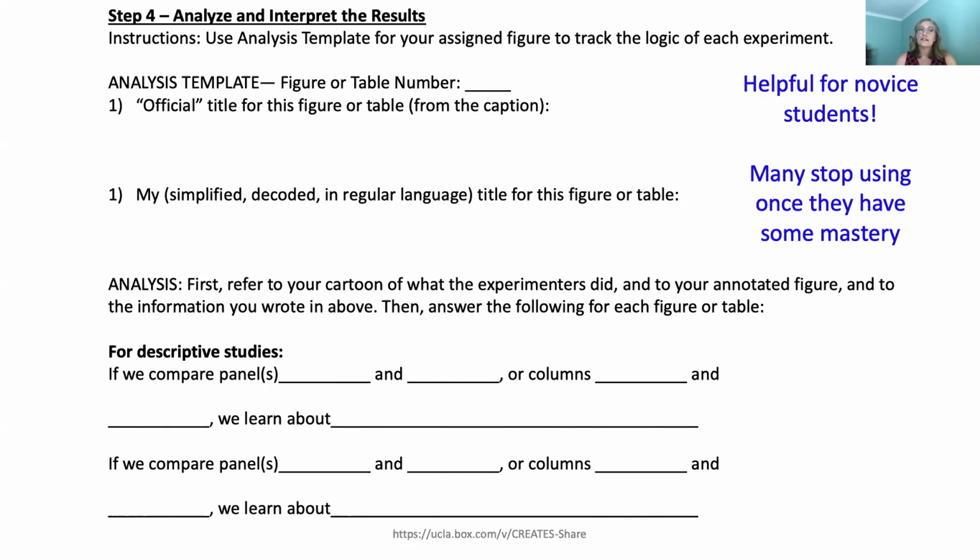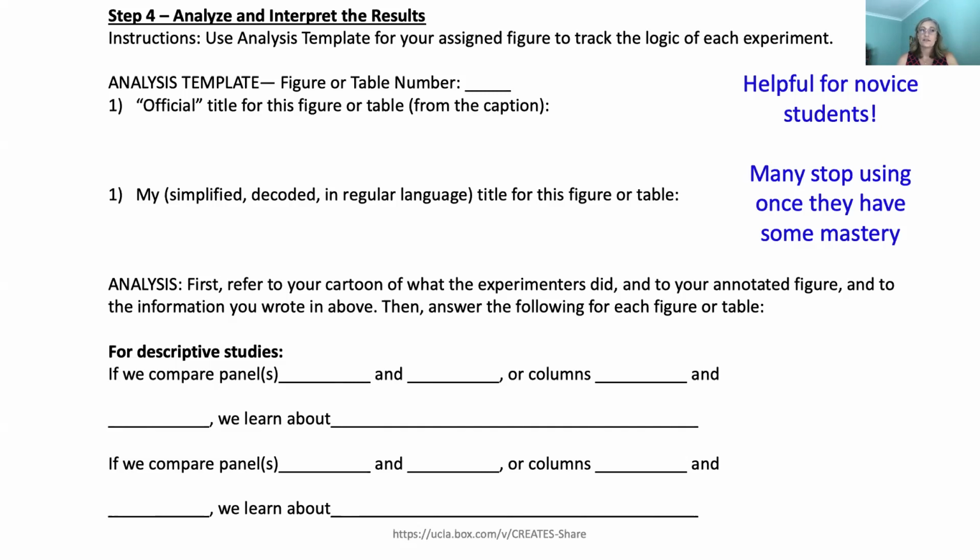I find that these analysis templates are really helpful for novice students to figure out what they should be looking for when analyzing data. But I found that most students, when they've got the hang of this, stop using the analysis templates in detail. They know what to look for and can put this into their own words in their own notes.